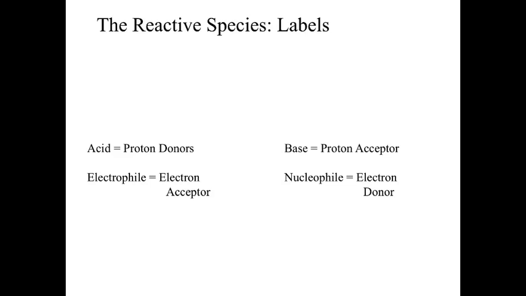How do we differentiate bases from nucleophiles? They both donate electrons. But what does the base donate electrons to? Hydrogen. So how do you know you're dealing with a hydrogen? It's a base. Base or a nucleophile? Base. I apologize. Base or a nucleophile?